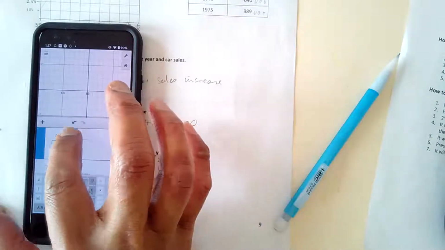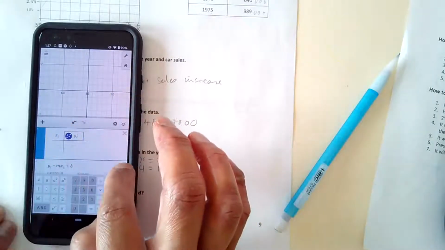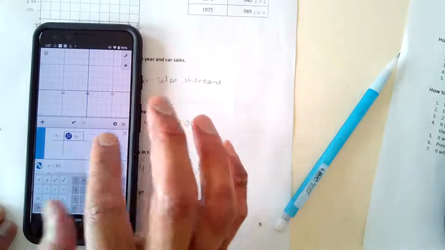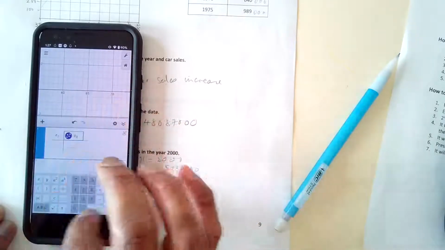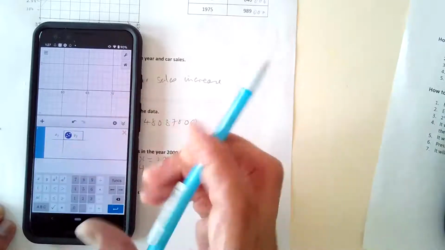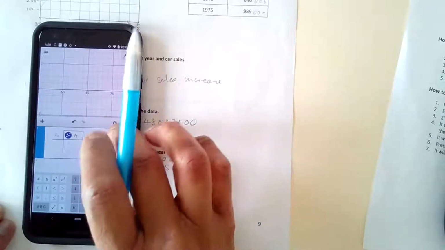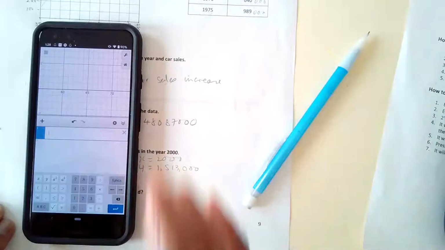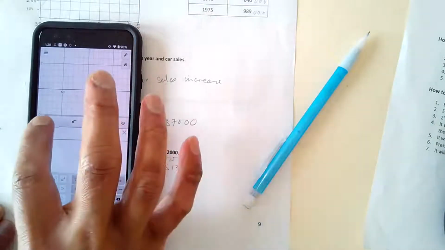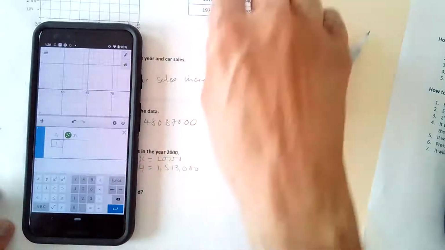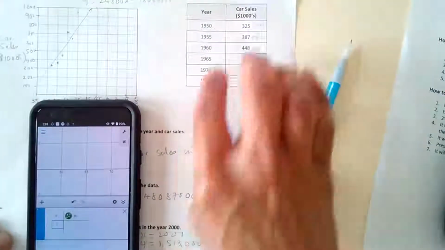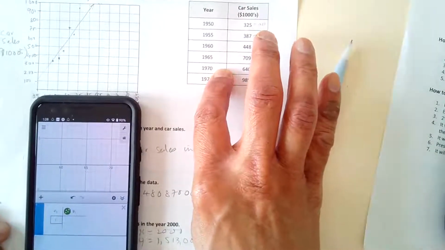Now, I want to change that to x. If you see x2, y2 come up, you will have to restart. So press my plus button, table. Now you enter your data as you have here, exactly as you see there.